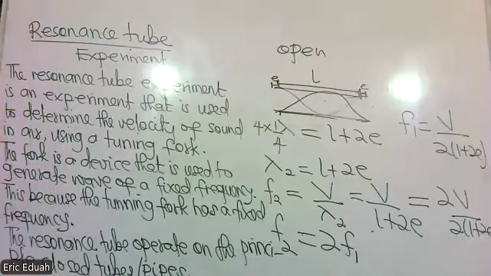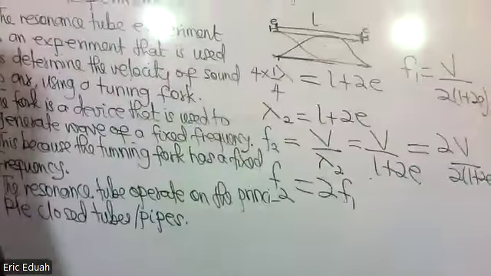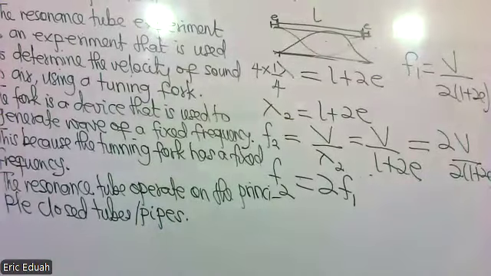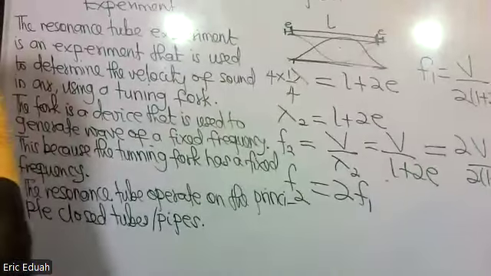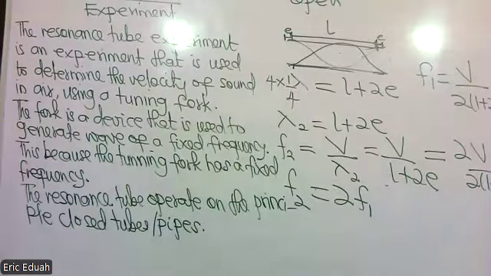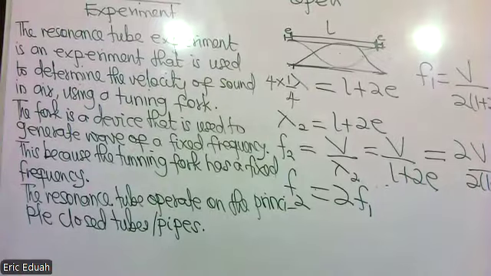So that is the principle on which it works. It works on the principle of closed pipes or tube. And we've just gone through the principle of the closed pipe. In a closed pipe, one end of the pipe is closed and one end of the pipe is open.